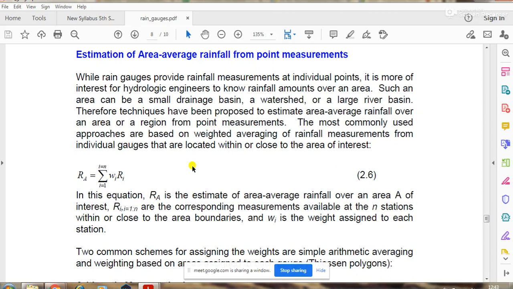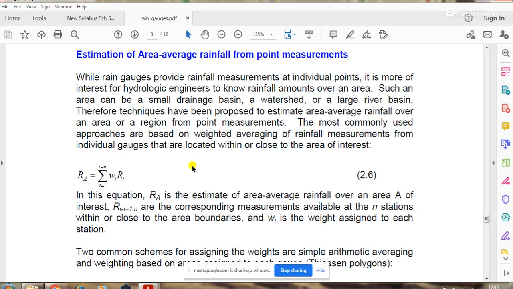Ri, from R1 to Rn, are the corresponding measurements available at n stations within or close to the area boundaries.